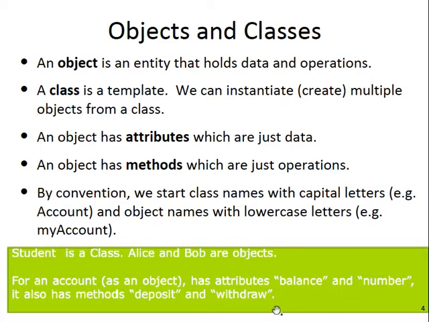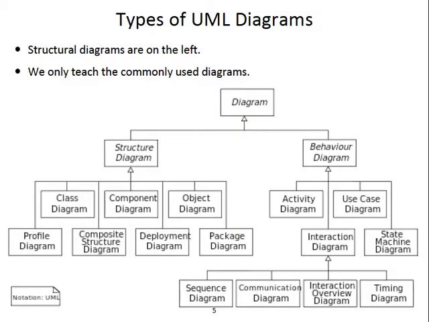Another example, bank account. Bank account is a class, right? And all the objects may have the same methods of deposit, withdrawal, and so on. But every object has its own balance and own account number. So that's the relationship between class, which is basically a template, and object, which is the actual instance.